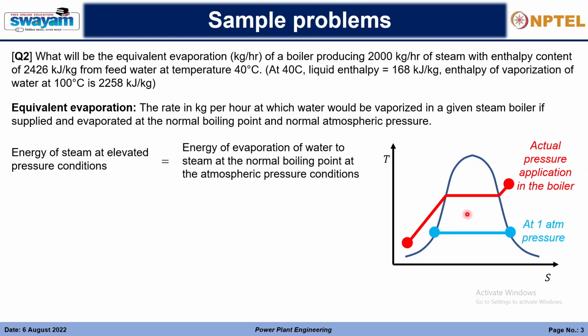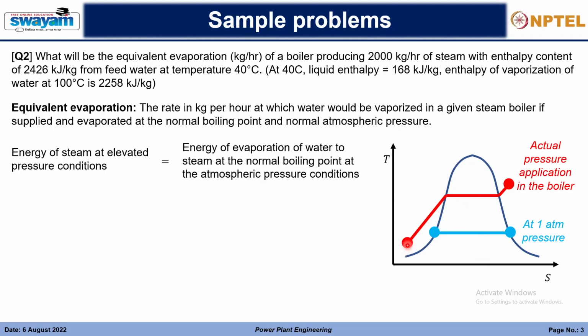So if we are to compare this red color curve to the ambient situation, when water at a saturated condition at 1 atmospheric pressure is simply getting the latent heat of vaporization and getting converted into saturated steam. If only this process is happening, how much mass flow rate at this particular condition should be the result to match the two processes? Are you getting it?